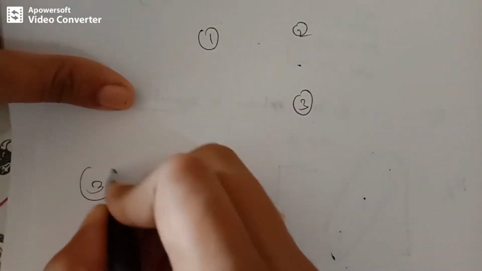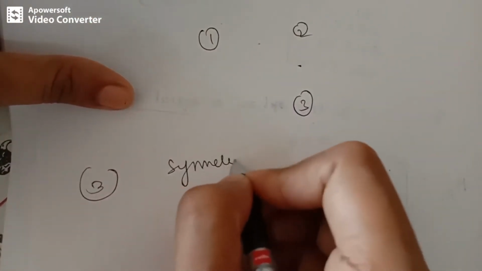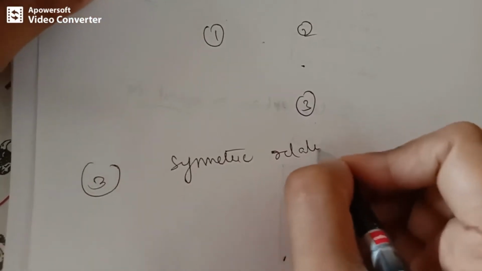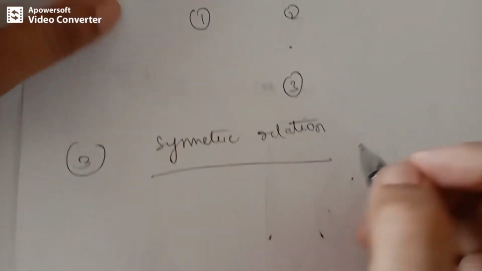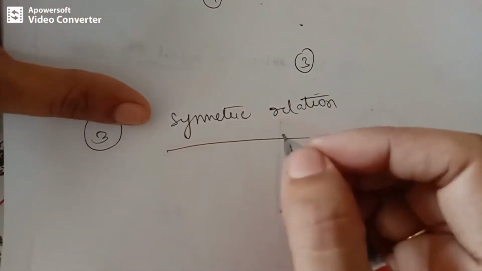Coming to the next kind of relation, that is symmetric relation. What can you say about symmetric relation and when is the relation said to be symmetric?